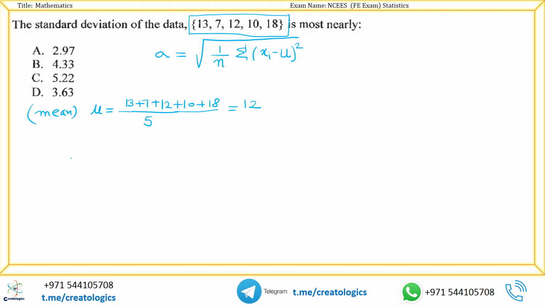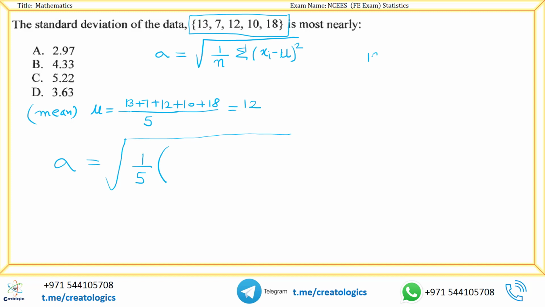Now the standard deviation part, sigma, will be the square root of 1 upon 5. Then you have to take deviations. What is this? xi minus mu. It means from each of your observations you have to subtract the mean value and take its square.